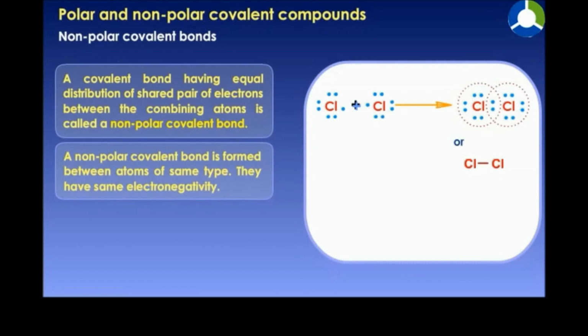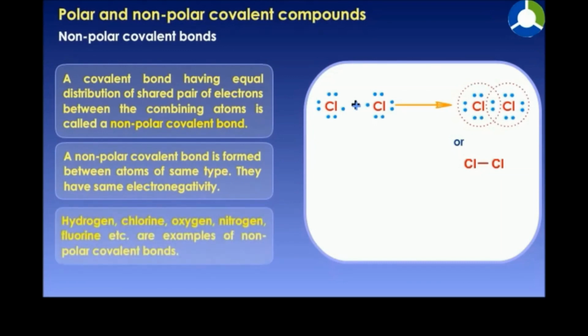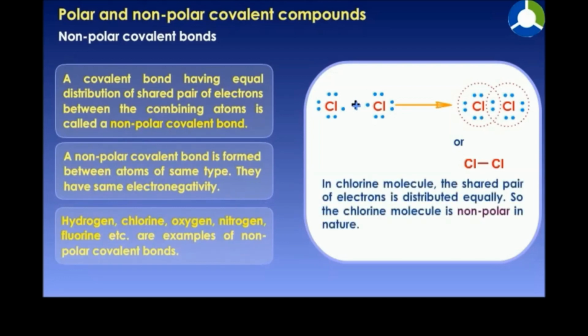They have the same electronegativity. Hydrogen, chlorine, oxygen, nitrogen, fluorine, etc. are examples of non-polar covalent bonds. In the chlorine molecule, the shared pair of electrons is distributed equally, so the chlorine molecule is non-polar in nature.